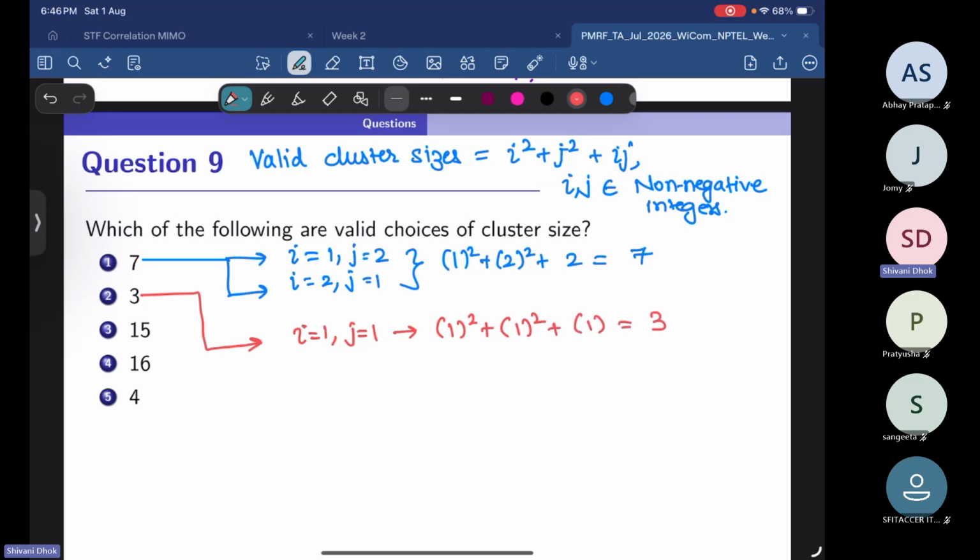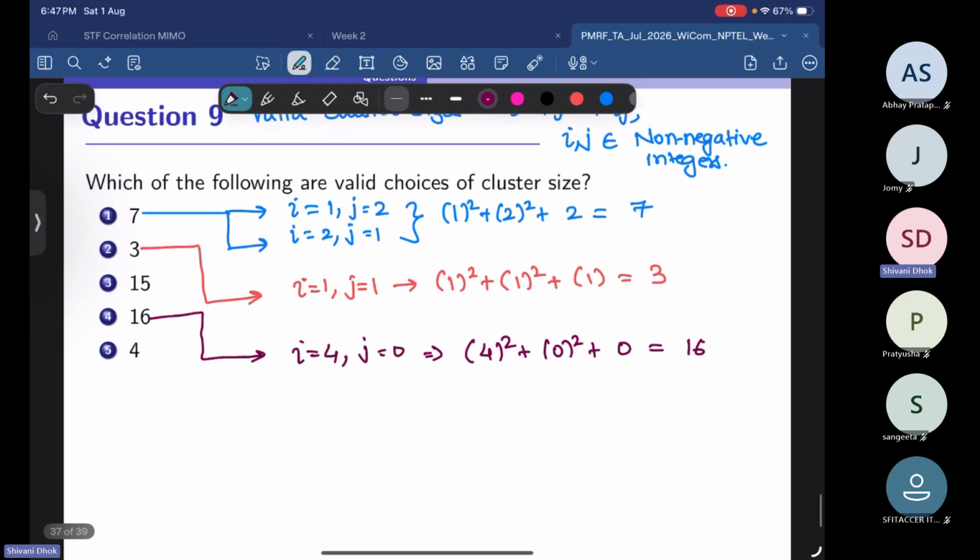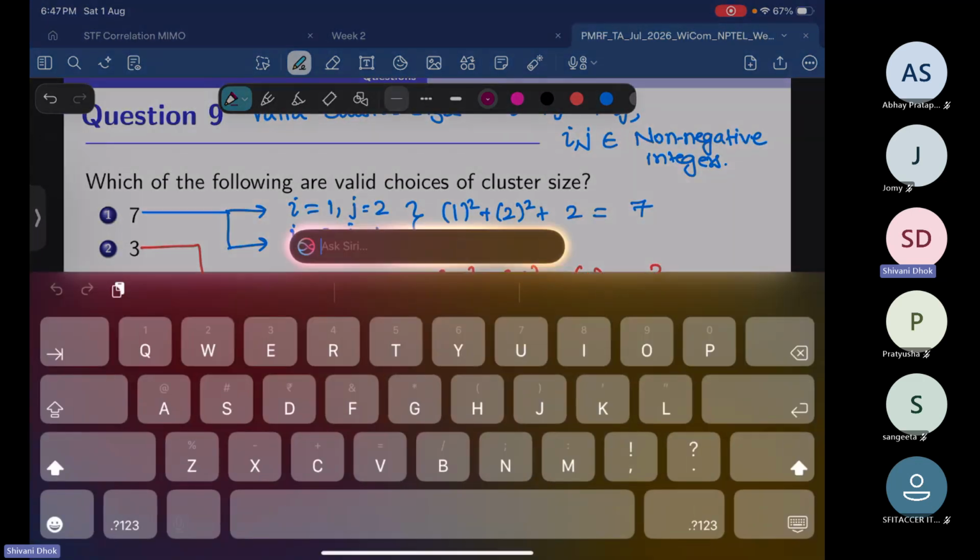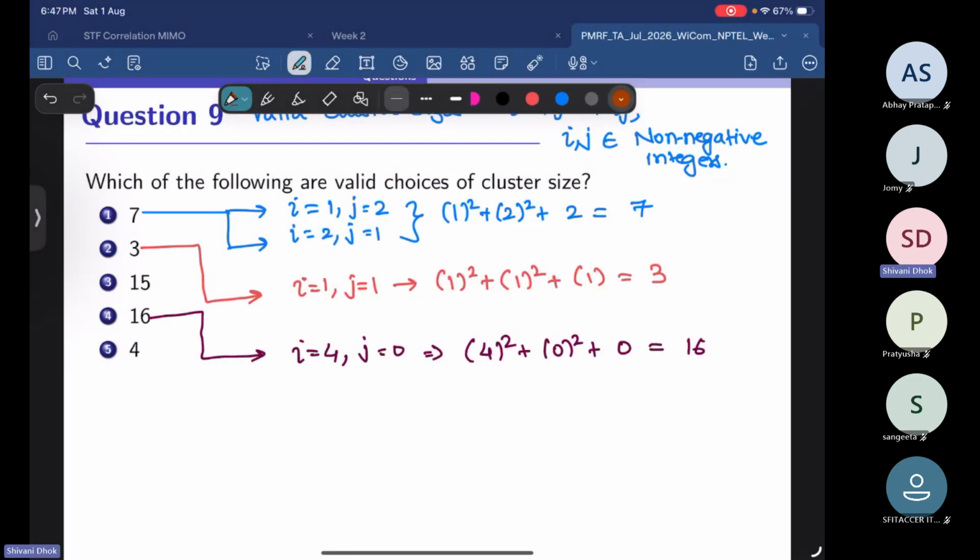So this also has integer values of i and j that can work. Then for 16, we have i equal to 4 and j equal to 0. In that case, we'll have 4 square plus 0 square plus 4 into 0, 0. So this turns out to be equal to 16. So again, 16 is also a valid choice. And similarly, for 4, you can set i equal to 2 and j equal to 0.